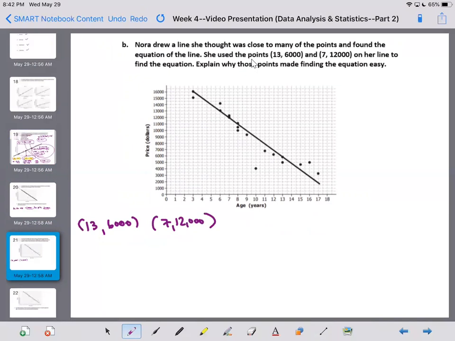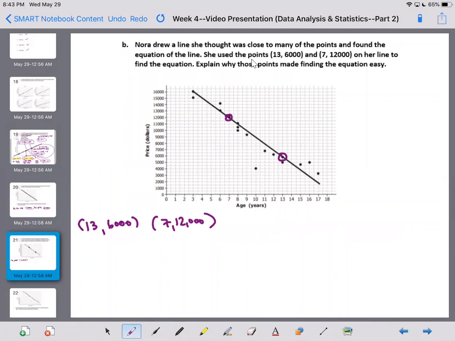Now, why did she use those points? 7 and 12,000 is a point that the line would go through. And then 13 and 6,000, there's also another point that the line goes through.